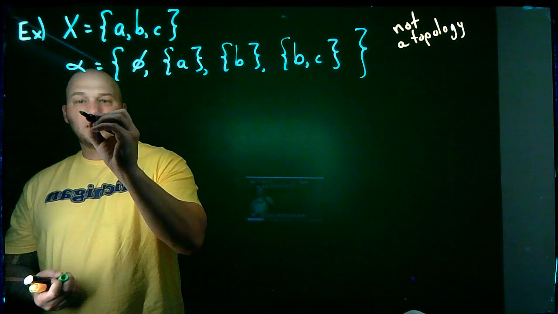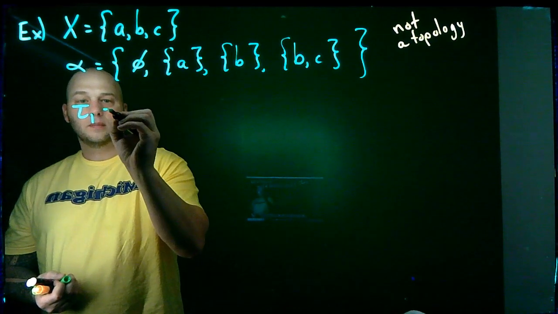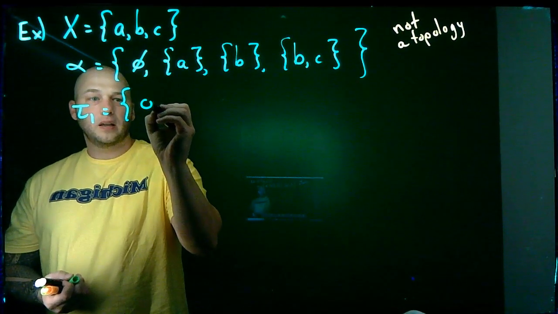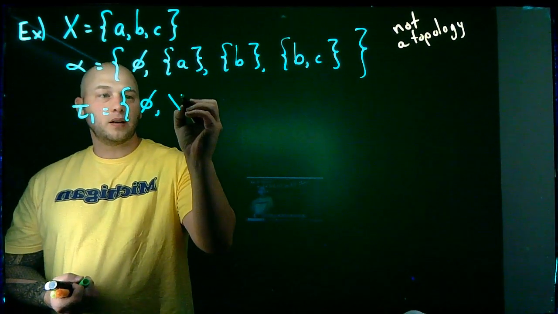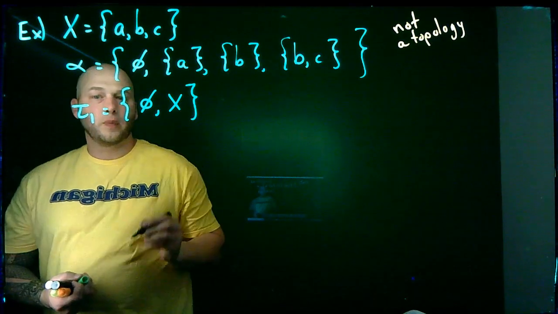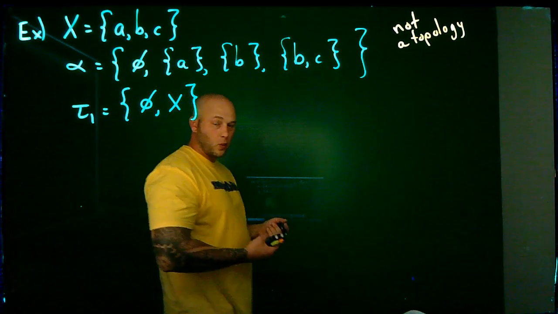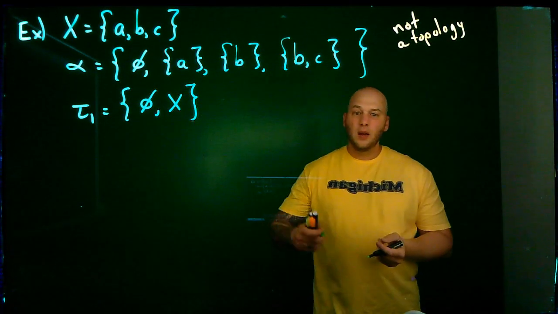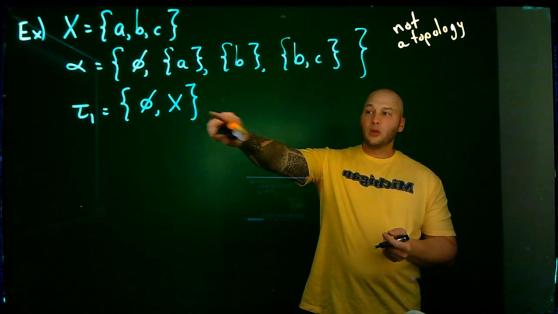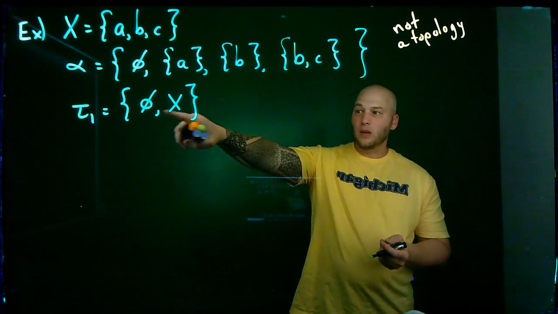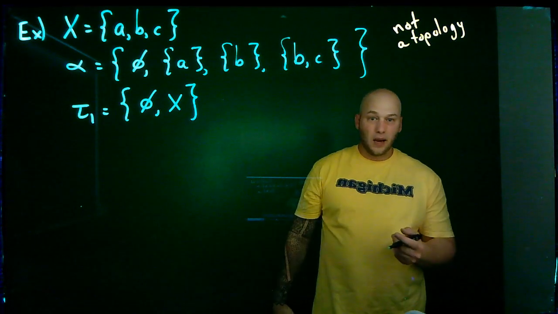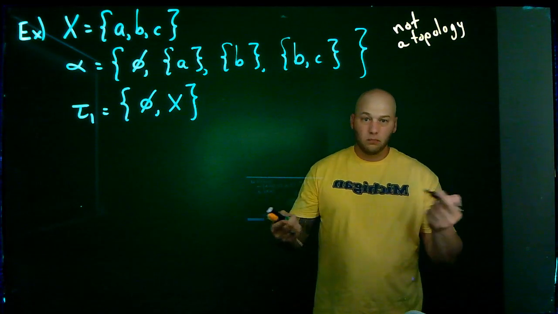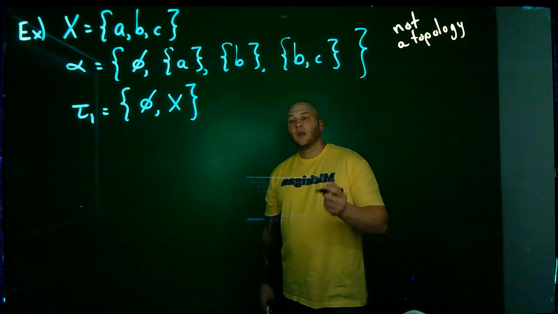How about this one, tau 1? How about it contains just the empty set and the entire set X? Well, first requirement, of course, is trivially satisfied. Moreover, if I look at unions, union of any collection of the empty set and X is either going to be the empty set or X, so therefore that's satisfied.